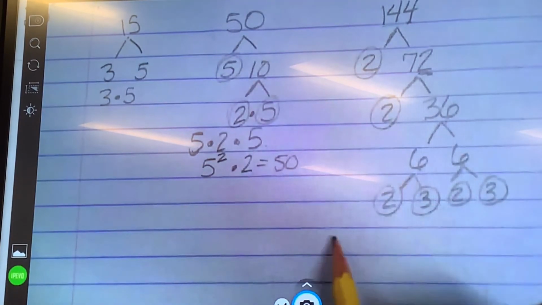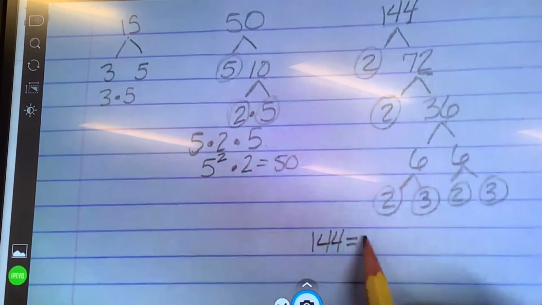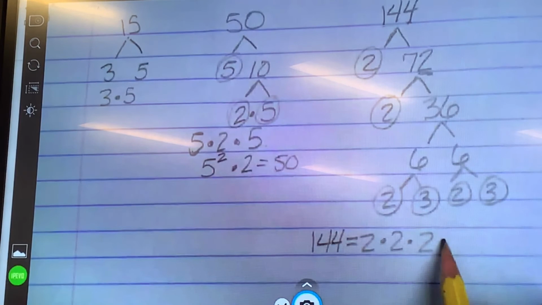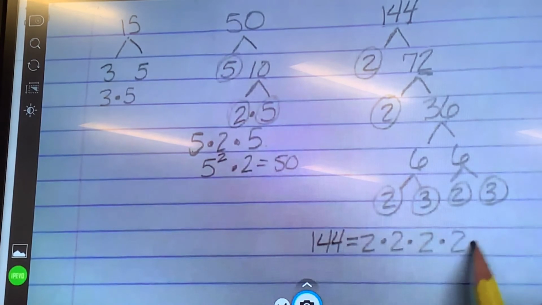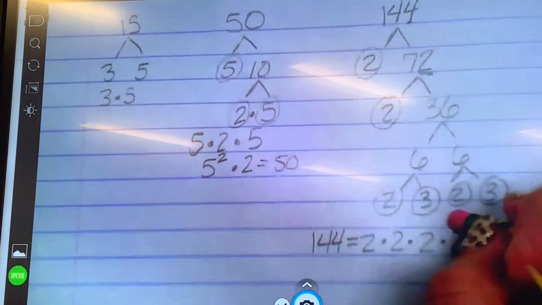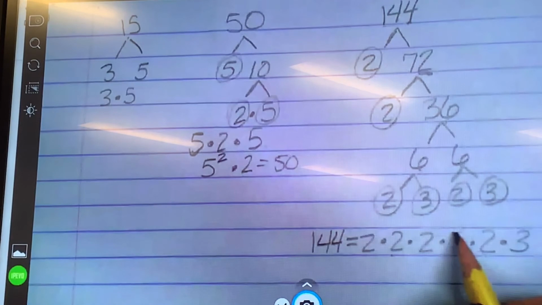So just so we make sure that we don't lose them, 144 equals 2 times 2 times 2 times 3 times 2 times 3. I said 3 and wrote 2 times 2 times 2.